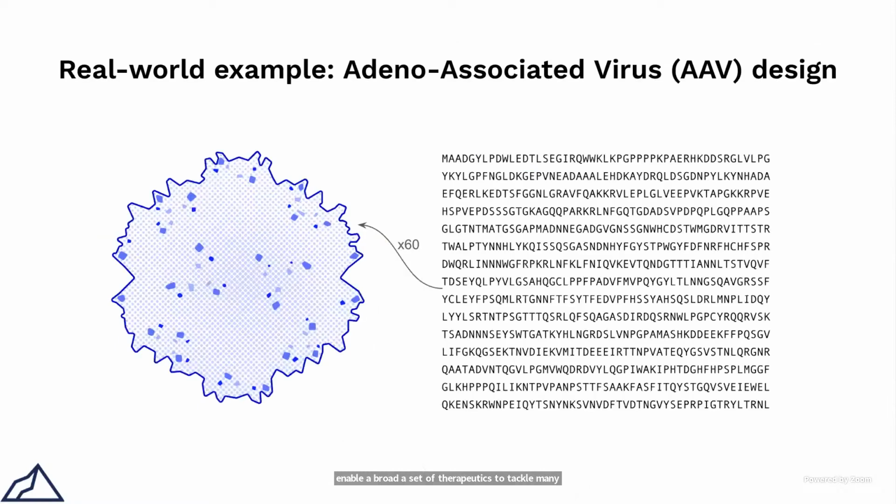AAV design can be cast as a 737 amino acid search problem. AAVs are complex proteins that are assembled through 60 protein subunits that come together.